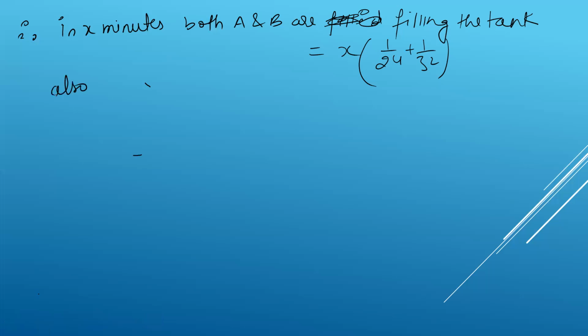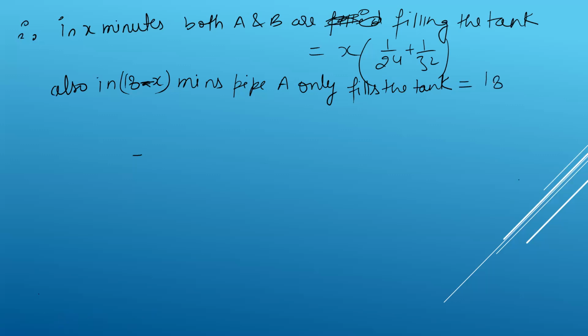Also, in 18 minus X minutes, pipe A only fills the tank. For X minutes both pipes are working, and after X minutes, that means you subtract X from 18, only one pipe is working, which is pipe A. So we multiply 18 minus X with 1 by 24.